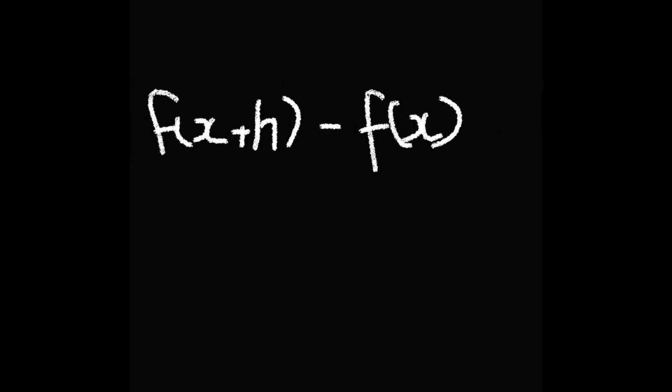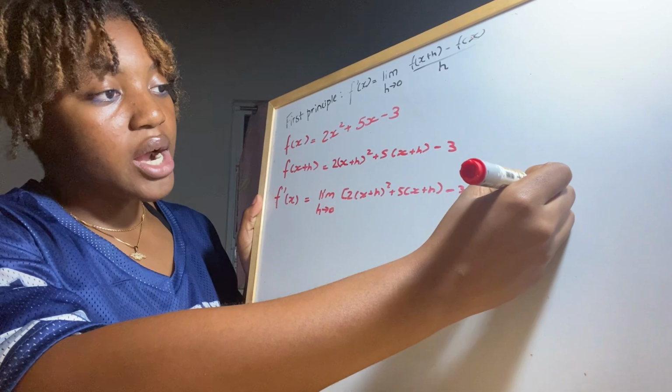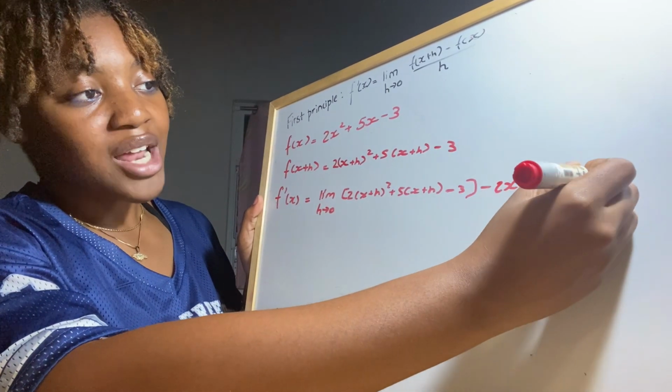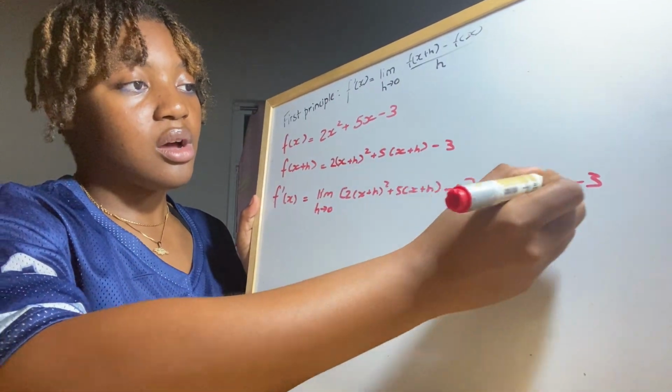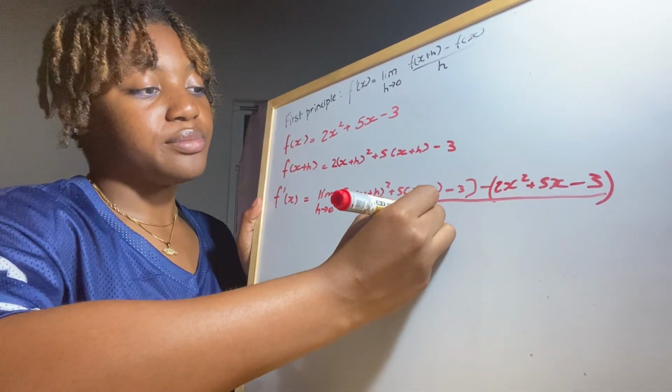Right here, I said that the f of x plus h would be subtracted from the f of x. I meant the total opposite. The f of x would be subtracted from the f of x plus h. And you put that in brackets. Don't forget your brackets. And this is going to be all over h.